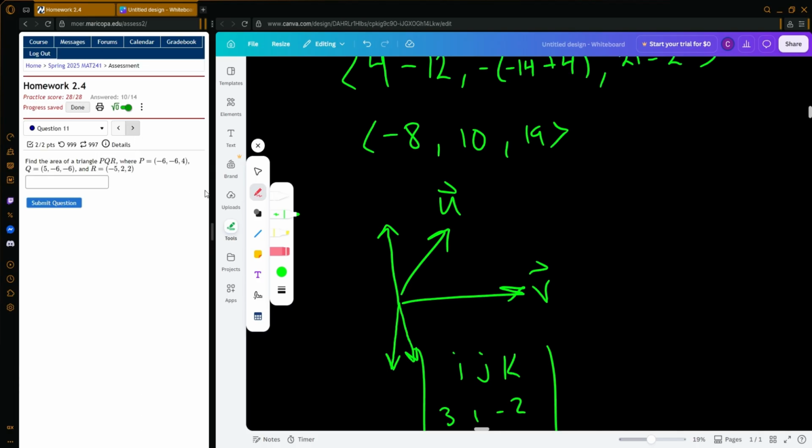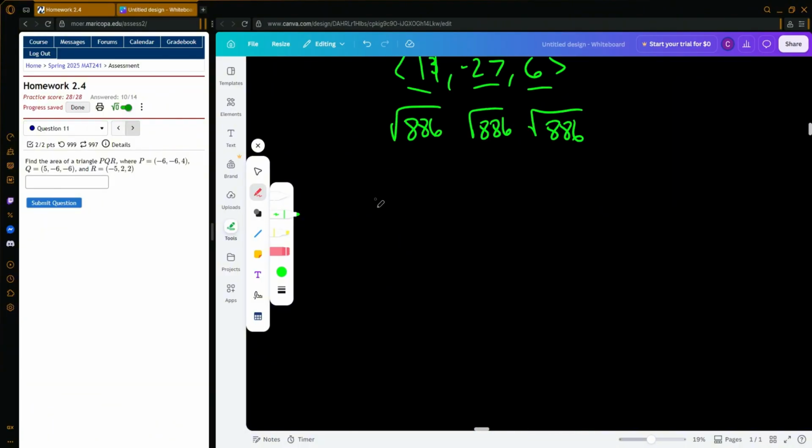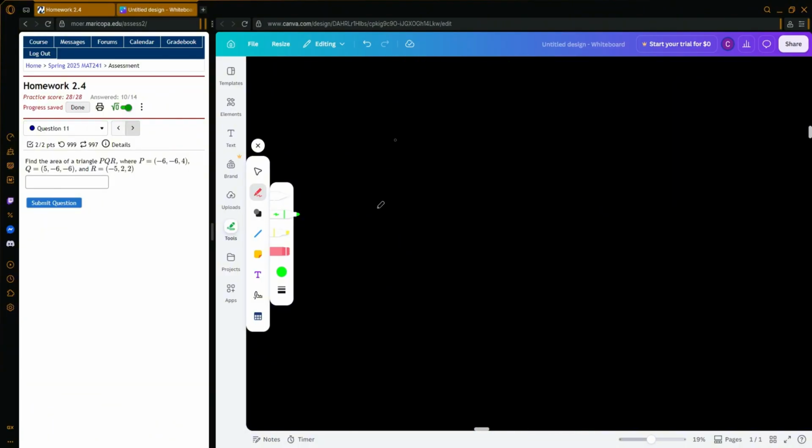Okay, find the area of a triangle PQR with points P, Q, and R. Okay, to do this one, we are going to realize that the triangle we want is exactly half of this parallelogram.